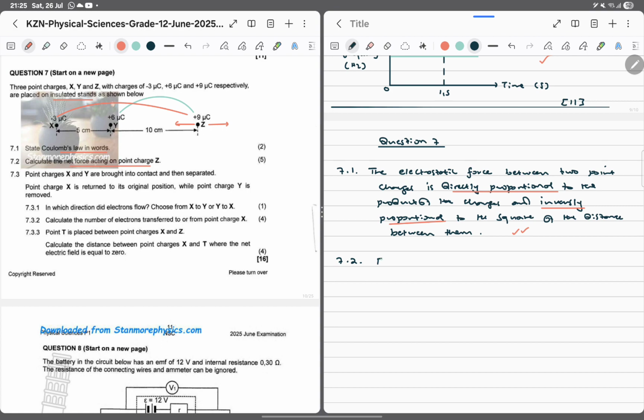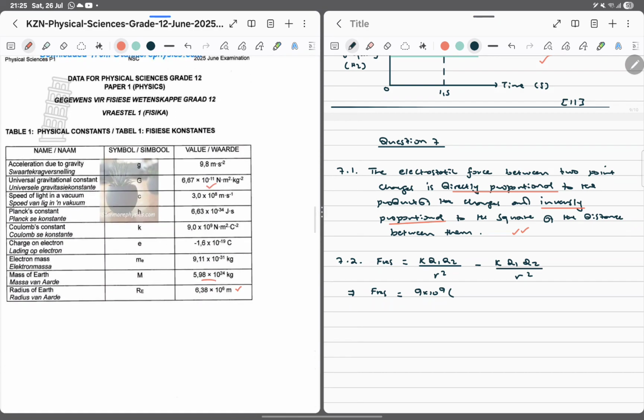So I'm going to do it. So the resultant force is going to be K Q1 Q2 over R squared minus K Q1 Q2 over R squared. Coulomb's constant is 9 times 10 to the 9. Is it so? Let's check.